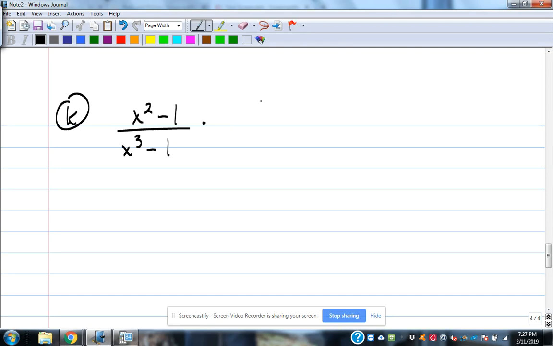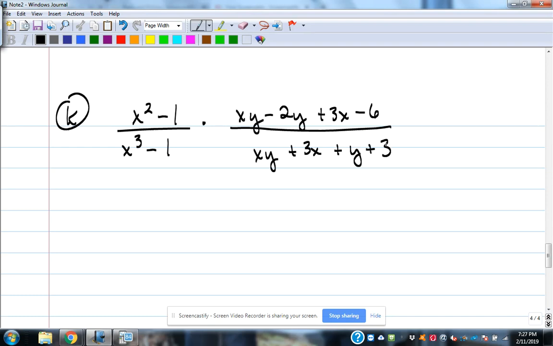Let's do xy minus 2y plus 3x minus 6 over, and this is going to be a weird one, xy plus 3x plus y plus 3. But I think this will help you understand what you're doing here with the factoring with multiple variables in it.